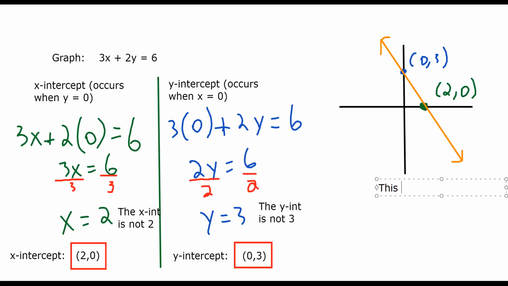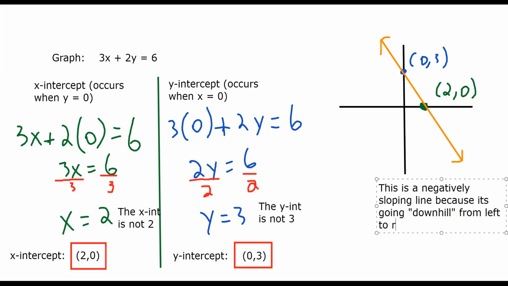So this is a negatively sloping line because it's going downhill from left to right. If it were going uphill, you'd have what kind of slope? Positive, yeah, you'd expect that.